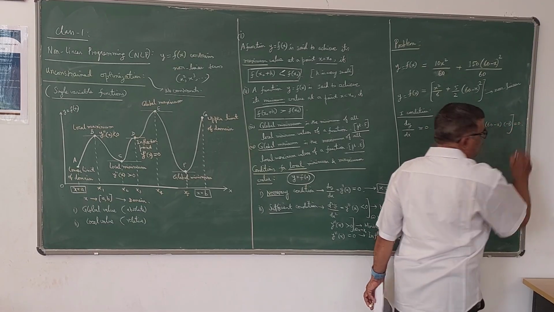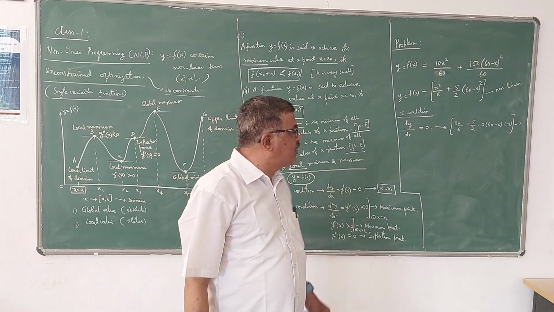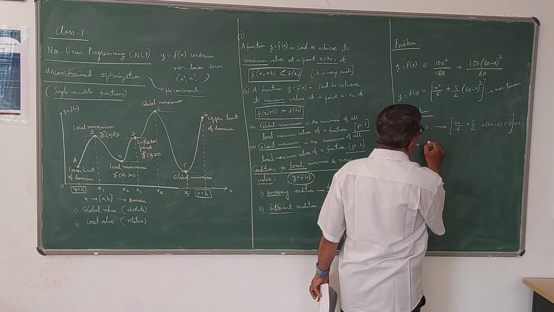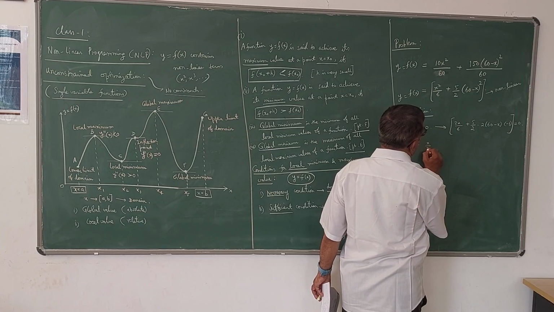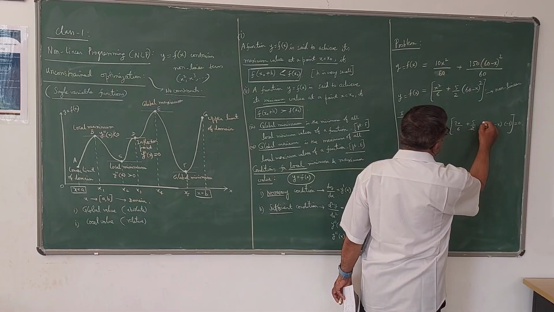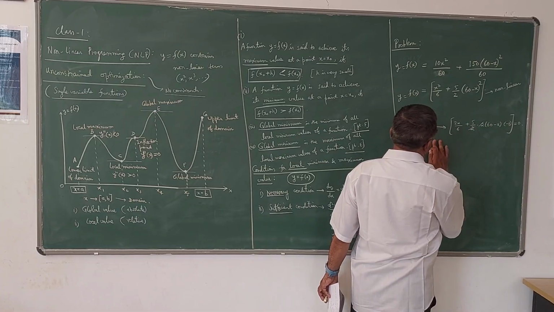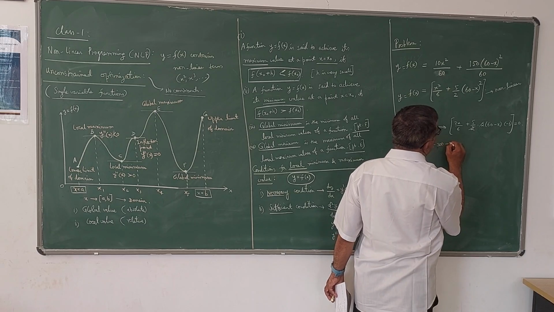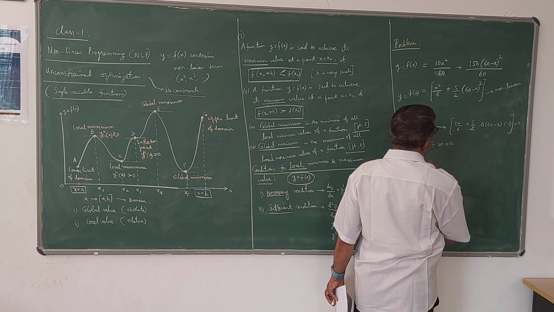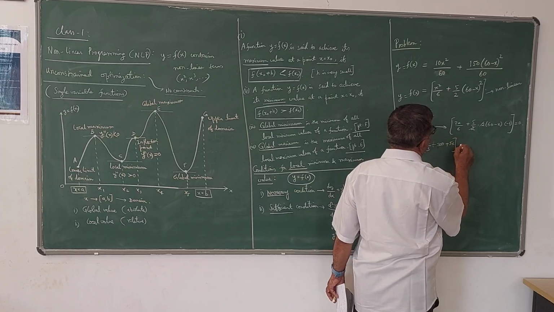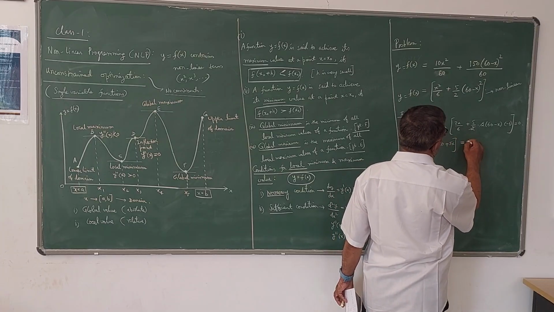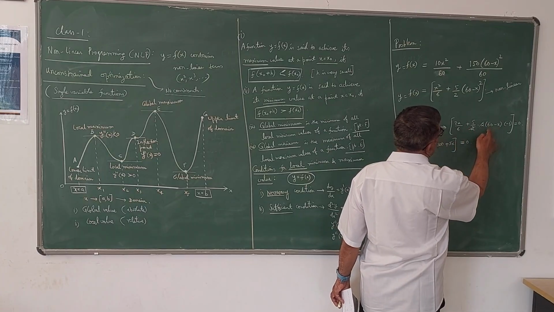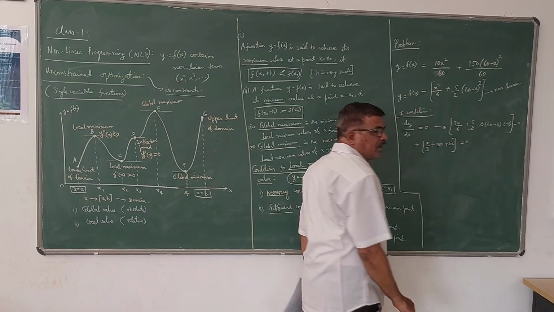Correct? You should know how to differentiate. So we have to solve this now. If you solve this, what happens to this equation? x by 3 plus 2 cancel, right? Minus 5 into 60 is 300, minus 300 plus 5x, correct?